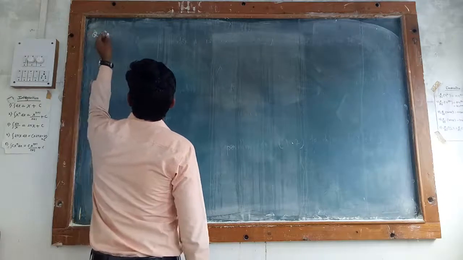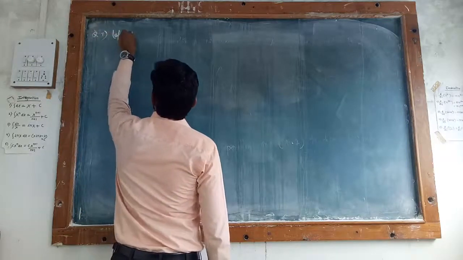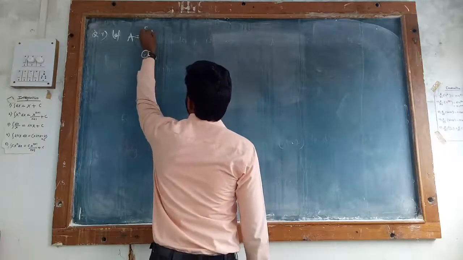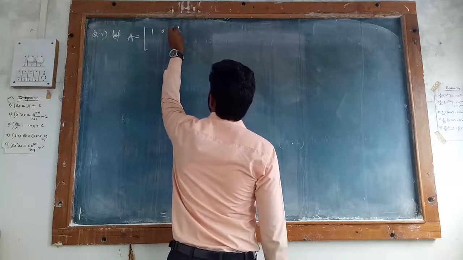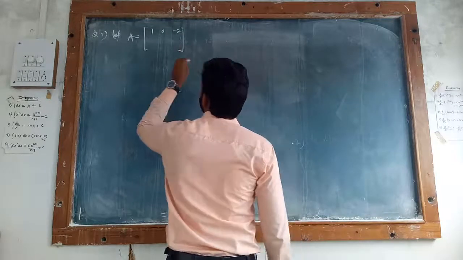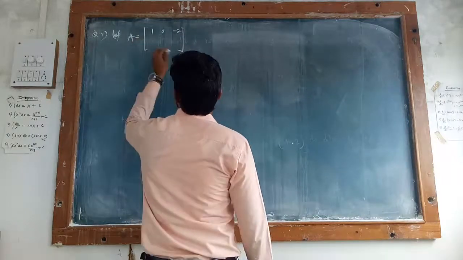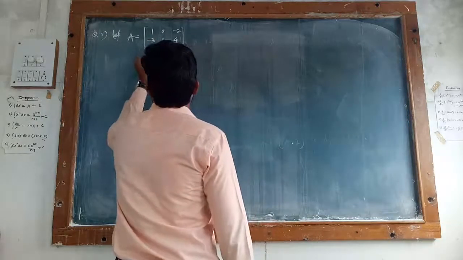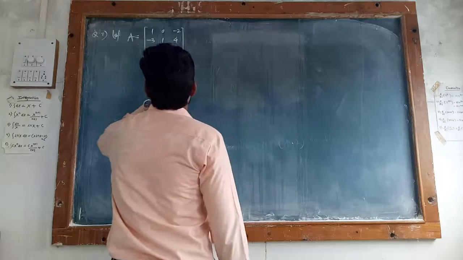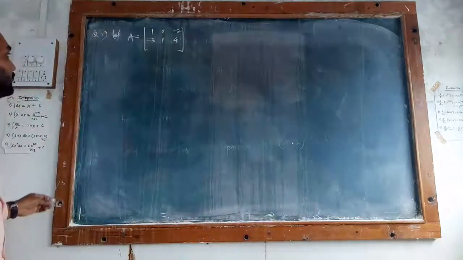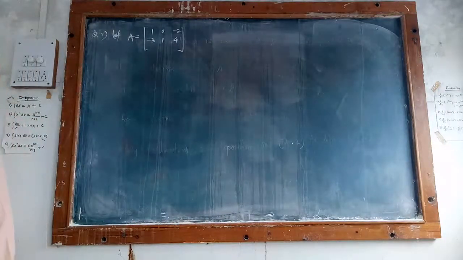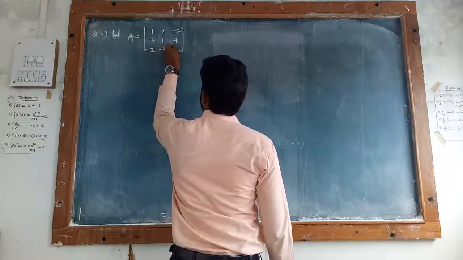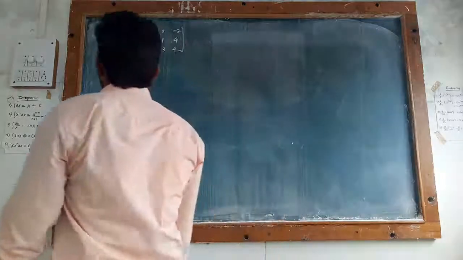Let capital A equal to 1 0 minus 2. This is your first row. Second row is minus 3 1 4, and your last third row is 2 minus 3 4. Okay.